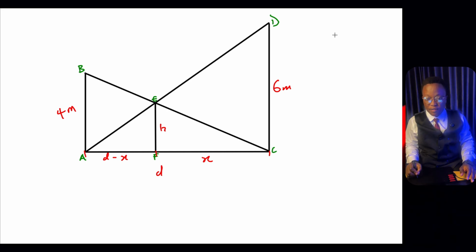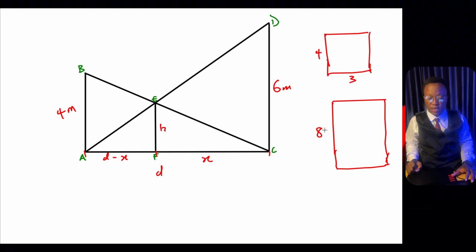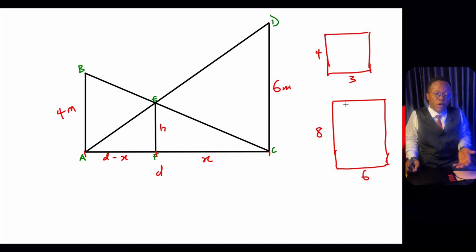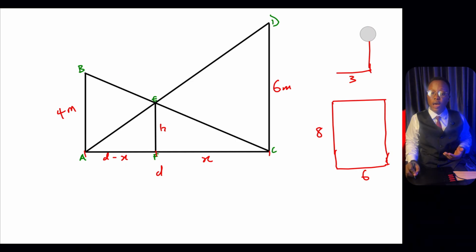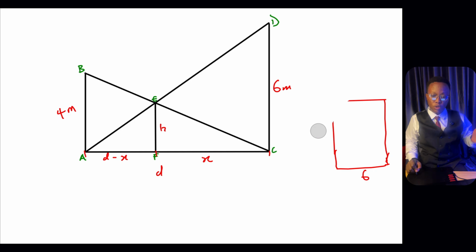So if I have, let's say, a rectangle 4 by 3, a similar shape to this rectangle will be an 8 by 6 rectangle. Okay, these are similar shapes. A 4 by 3 rectangle will also be a similar rectangle to that, but mostly we call those kinds of shapes congruent. Okay, but that's not what we're here for today.